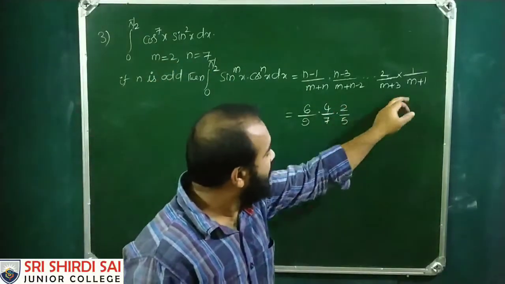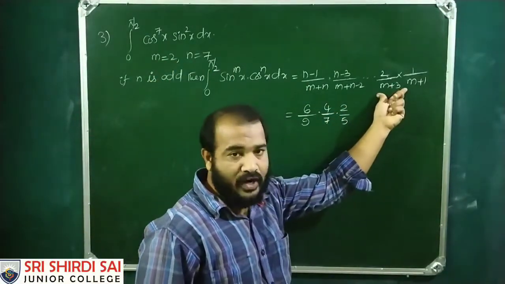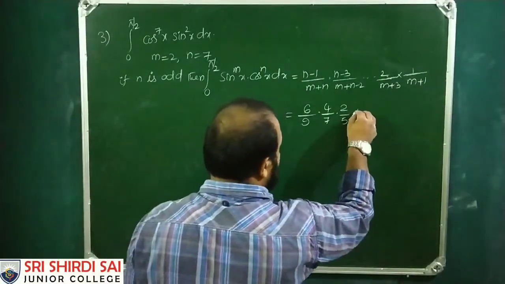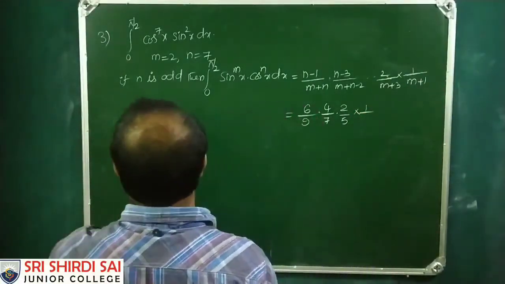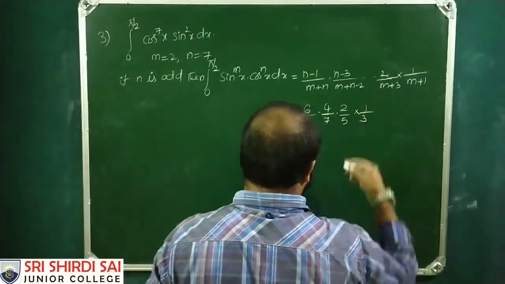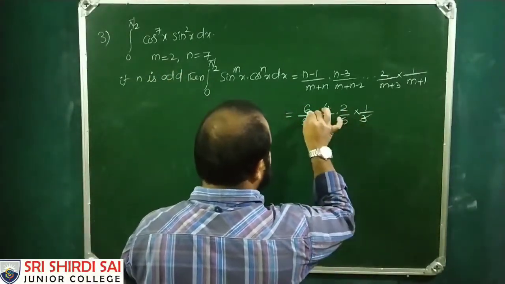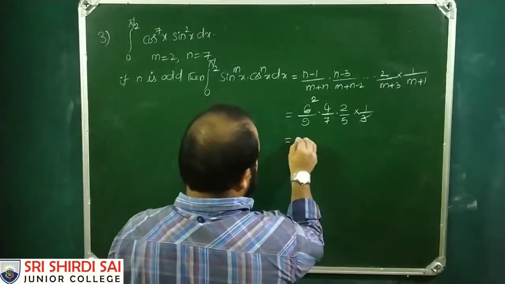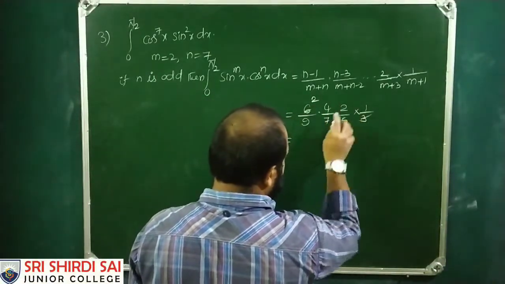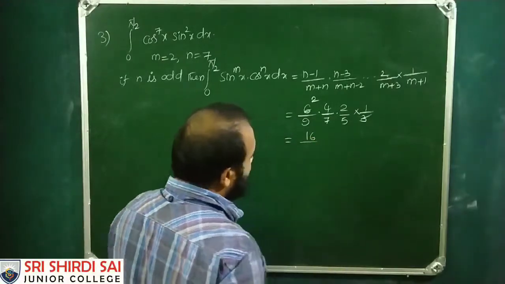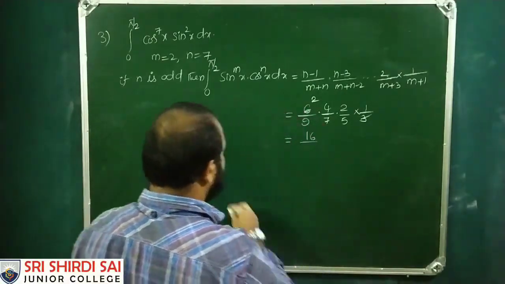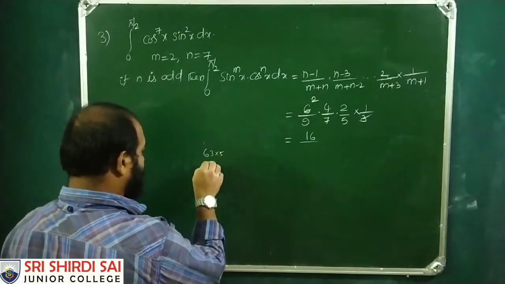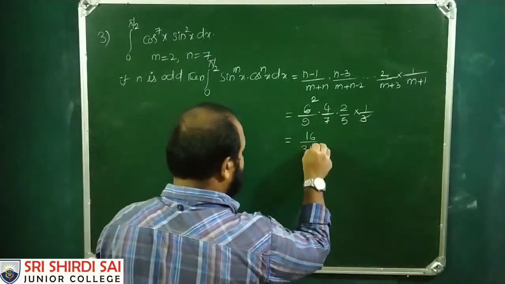So 2 plus 3 is 5. So this term we got. So what is the next immediate term for this? 1 by m plus 1. What is m plus 1? 2 plus 1, which is 3. So 3 2s are 6 and 2 4s are 16 by 9 7s are 63, 63 5s are 315.